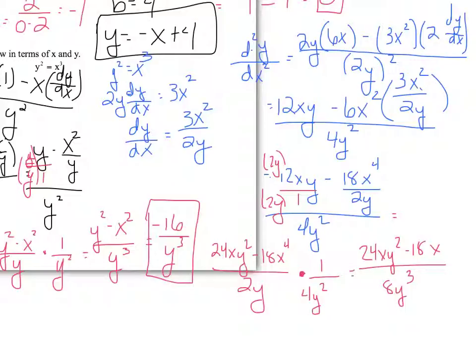Now let me look to see what I have. I see at the beginning that y squared is equal to x cubed. So wherever I see a y squared, I'm going to replace it with an x cubed at this point.